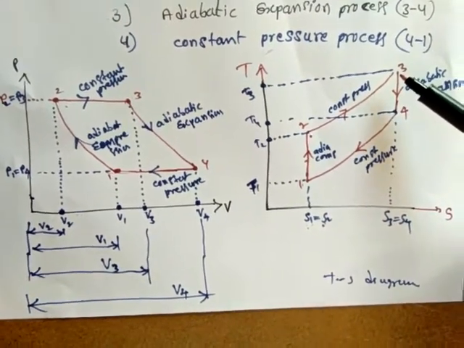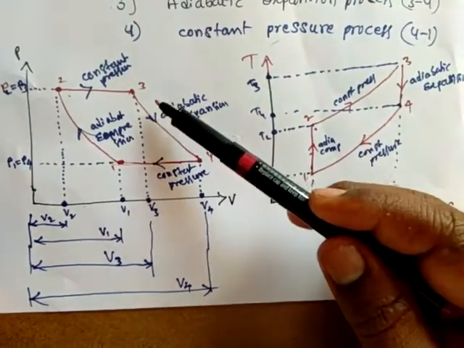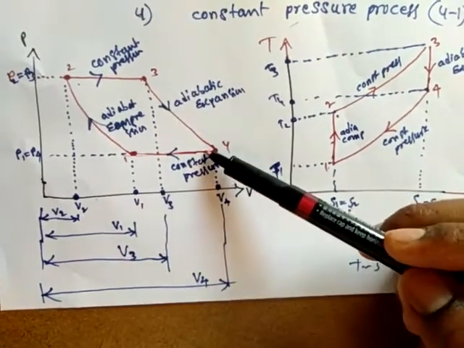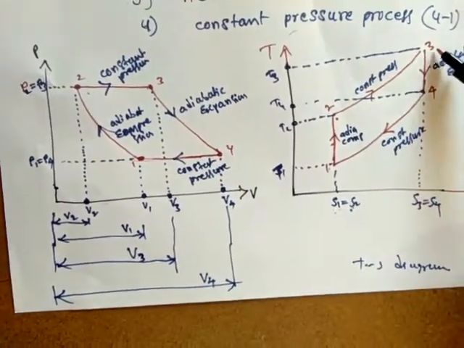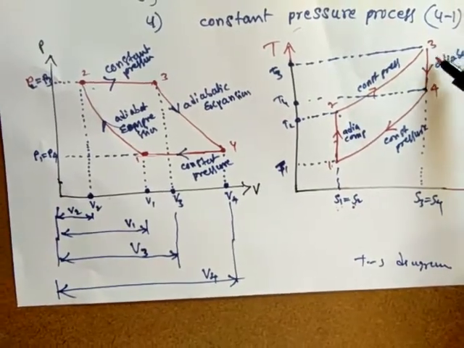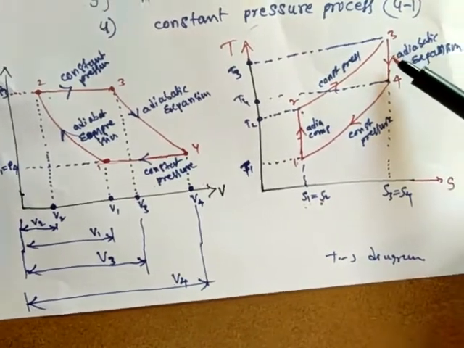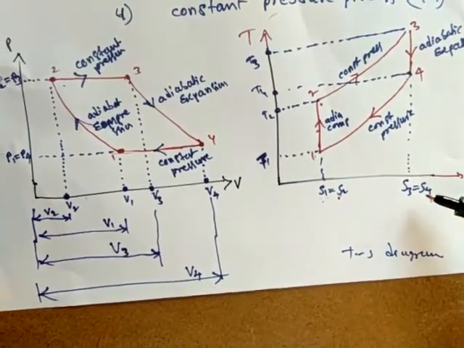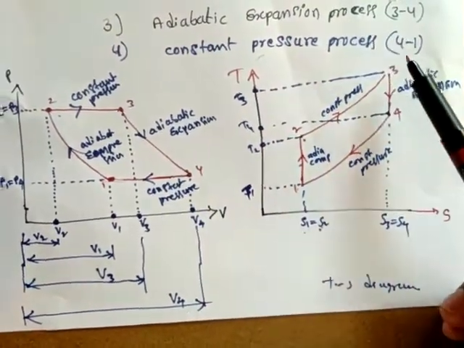That's why in TS diagram it should be a straight line. If it is a curved line in PV diagram, it should be a straight line in TS diagram, from point 3 to 4. In adiabatic process entropy is constant, so entropy at point 3 is equal to entropy at point 4. Next, the last process, the constant pressure process, that is 4 to 1.